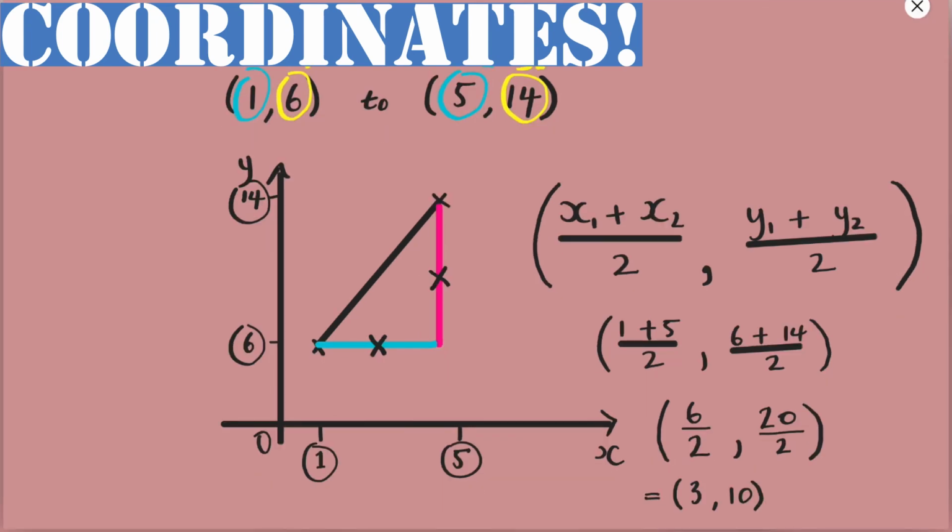And we finally land at (3, 10), but we have to know if that makes sense intuitively. Let's plot it and see. And yes, it does make perfect sense. 3 is in between the 1 and the 5, and the 10 is in between the 6 and the 14. So we are halfway up our diagonal.